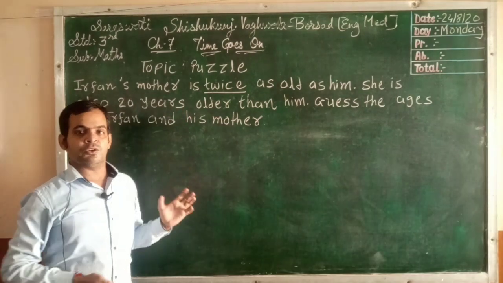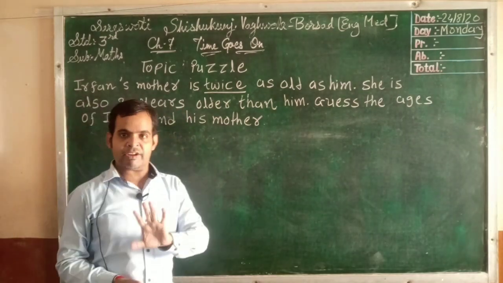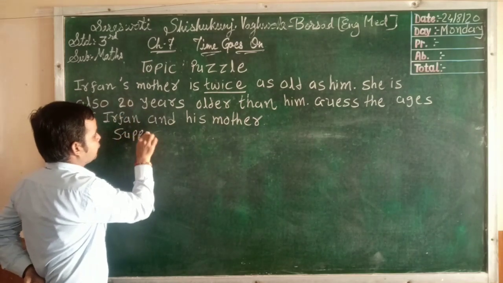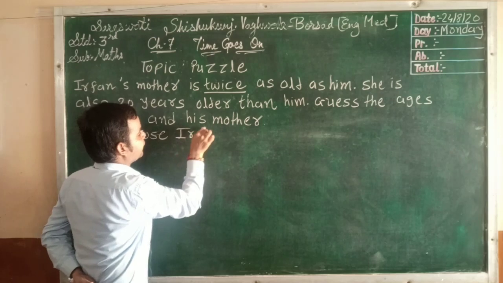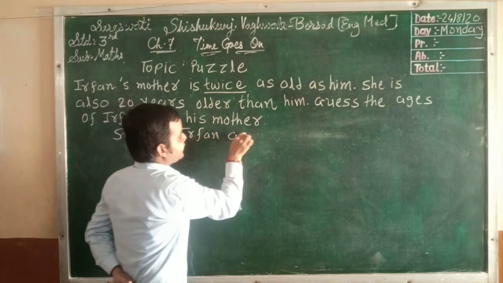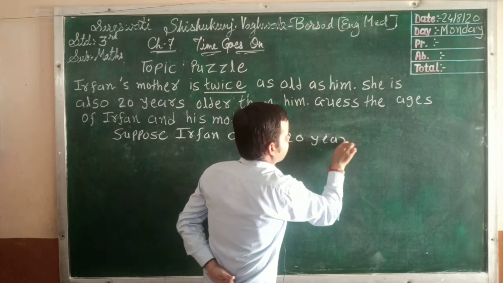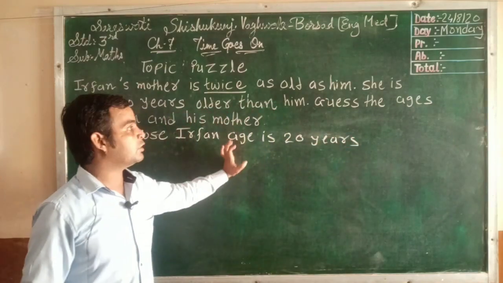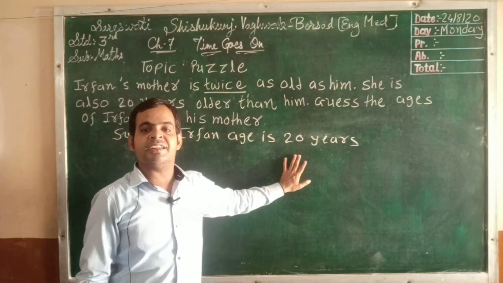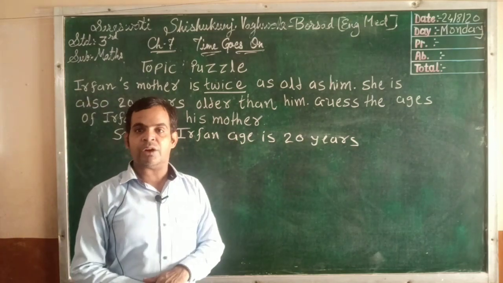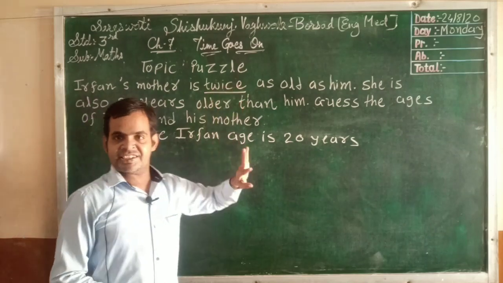Now I suppose Irfan's age is 20 years. Here we don't know Irfan's age, so here I suppose Irfan's age is 20 years. Now let's check both conditions.